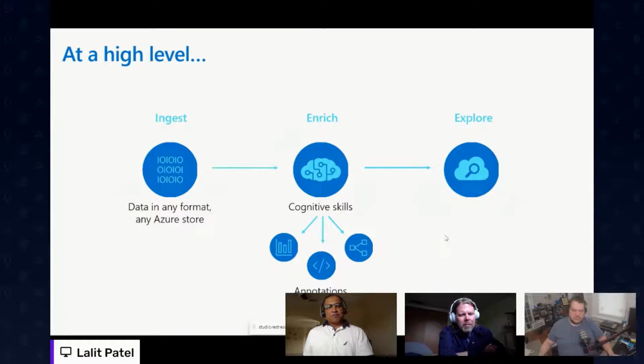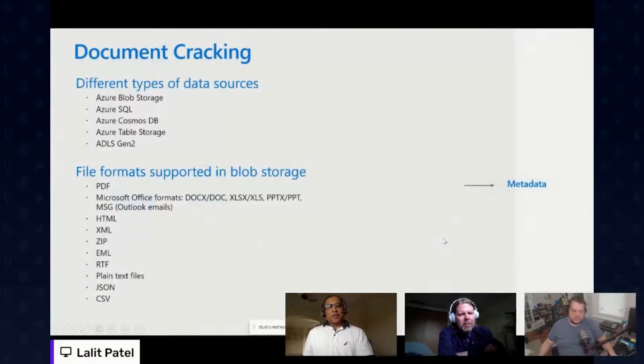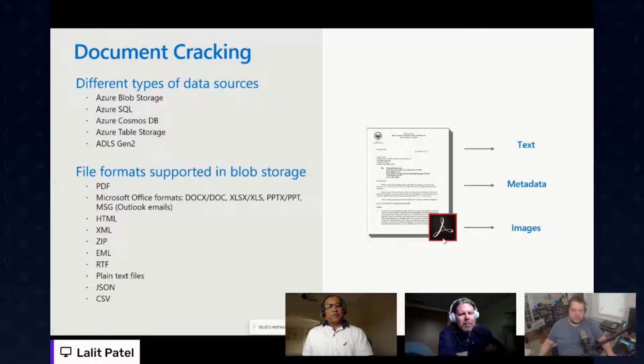Starting with the ingest. Ingestion means you're getting data from various sources, documents, as I said earlier, along with any related data in the database, and making it available to the Azure Cognitive Search service. As far as documents are concerned, there's a document cracking process where you have documents residing in various data sources, could be Azure Blob Storage, Azure SQL, Azure Table Storage, or ADLS Gen 2.